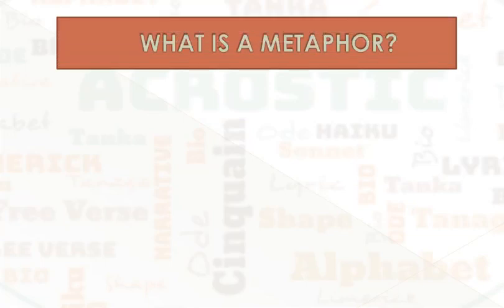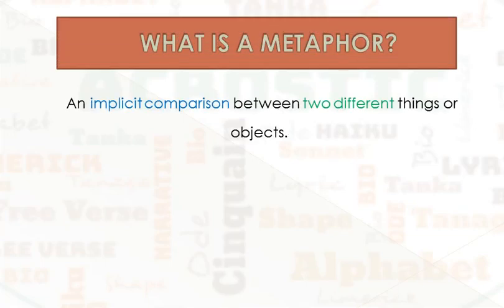Now, what is a metaphor? Well, as I have just said regarding simile, simile is an explicit comparison or similarity between two things. Here, metaphor is an implicit comparison between two different things or objects.